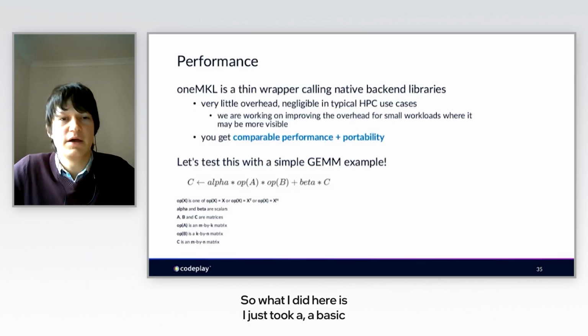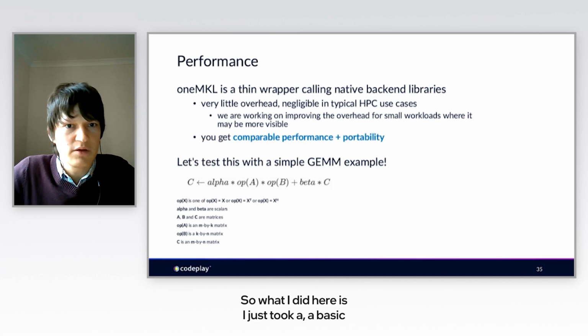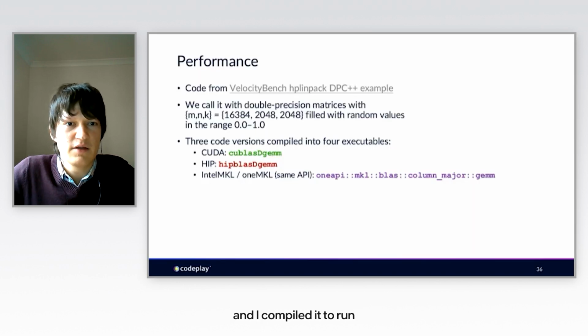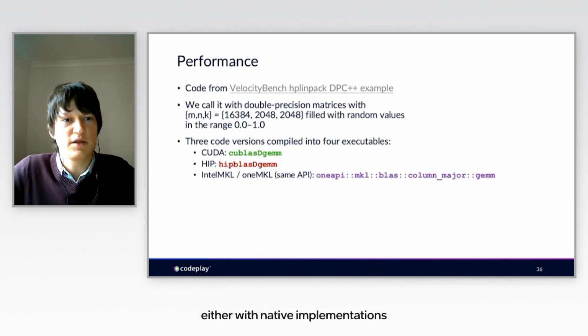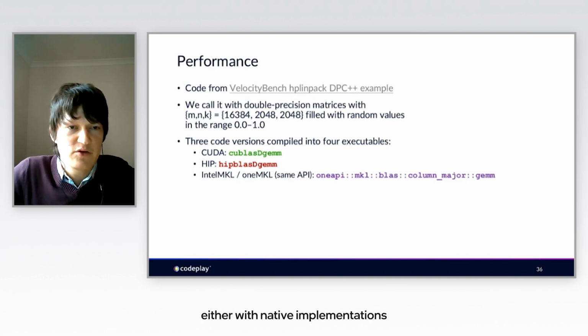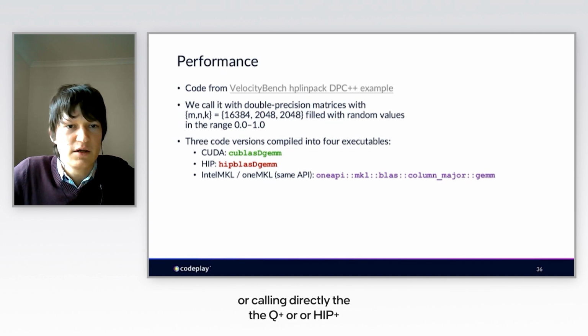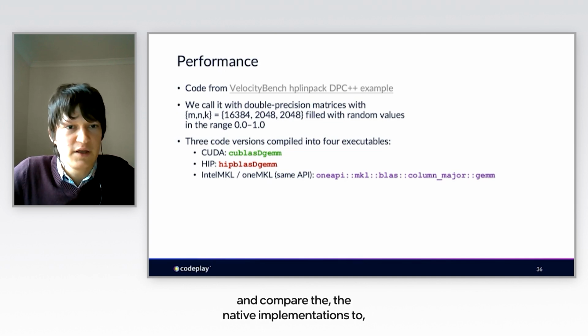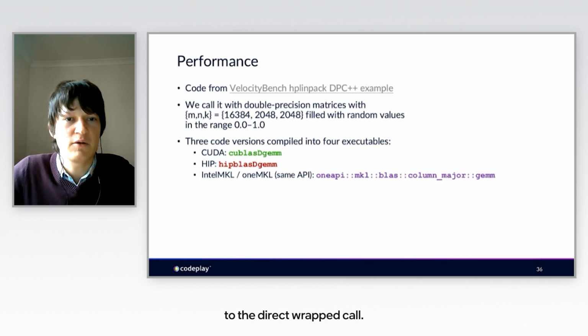So what I did here is I took a basic GEMM example with the parameters as in the standard GEMM API, and I compiled it to run either with native implementations, calling directly cuBLAS or hipBLAS or the Intel MKL, or with the oneMKL interface library, and compared the native implementations to the wrapped code.